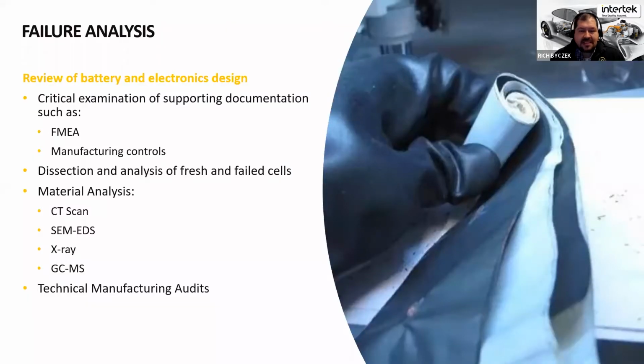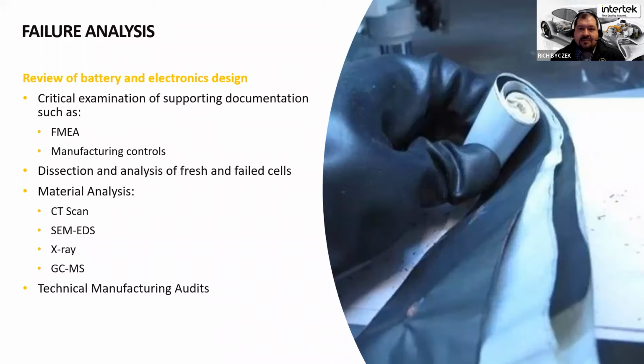Aside from the testing, failure analysis, and advisory or consulting services, we have teams with specific expertise in the US and in Sweden that focus on failure analysis, evaluations, as well as supply chain assurance in the battery space. And I showed the example here of a disassembled cell that can be part of a failure analysis field return.